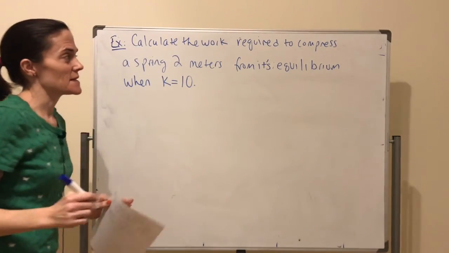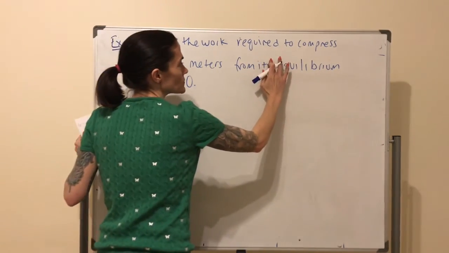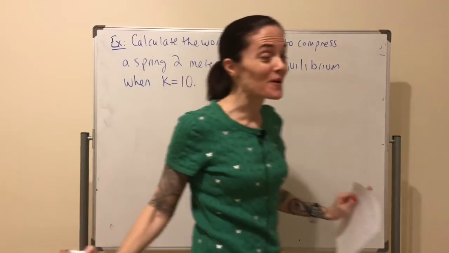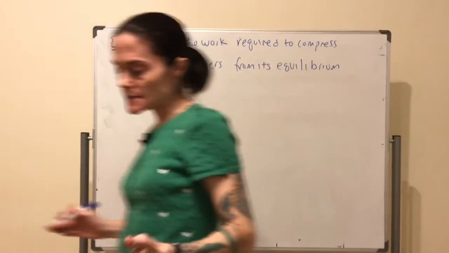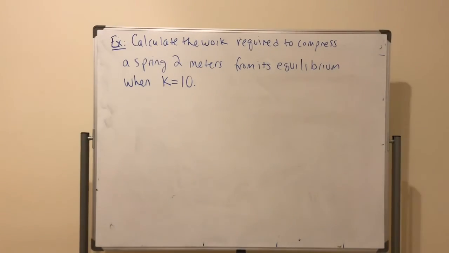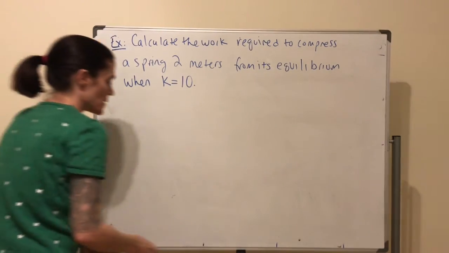This is about as straightforward as they come, and then I'll do one that involves a little bit more thought. We'll make sure it's still in focus. Okay, looks good.